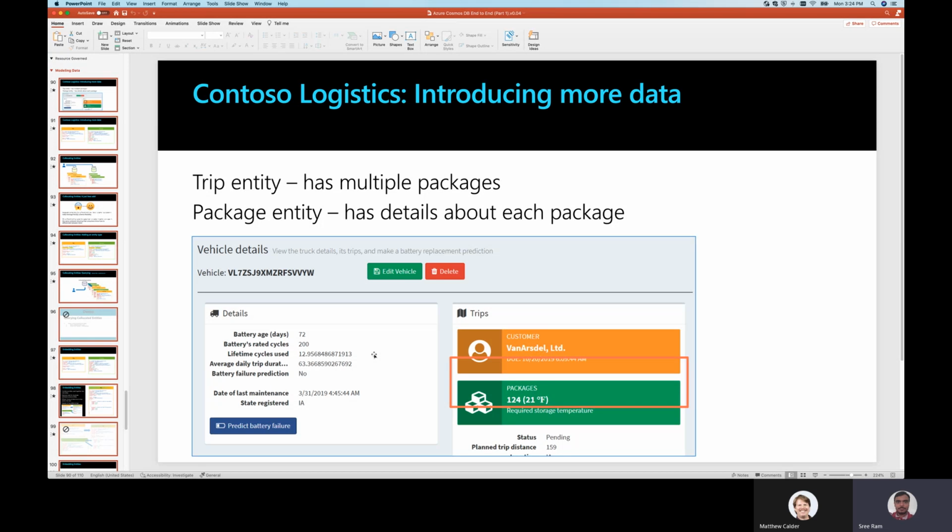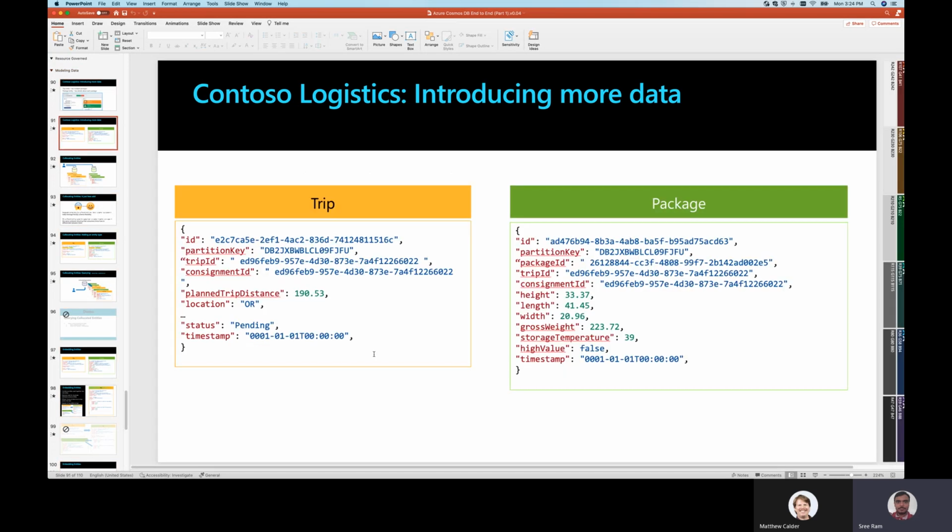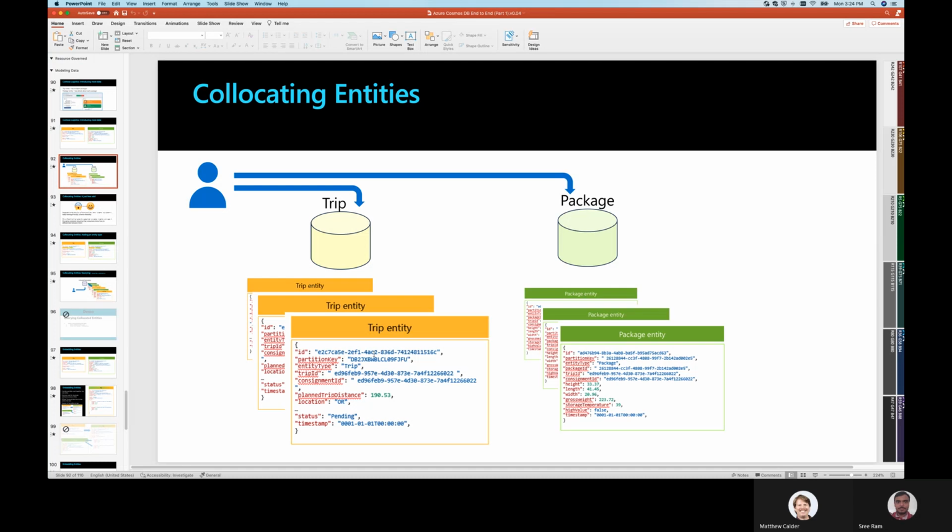So this is called embedding. Soon I will show you how to embed. For example, this is a trip and that is a package. What if we get the key attributes of the package, such as package ID, and let's say we are interested in the temperature needed for that package, and that's it? So let's get those two columns here, like shown.